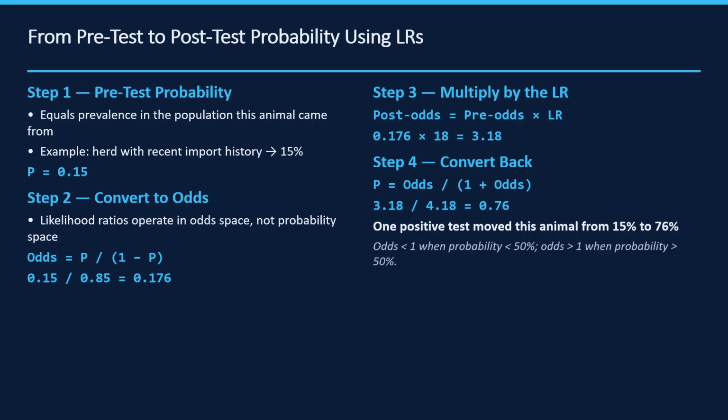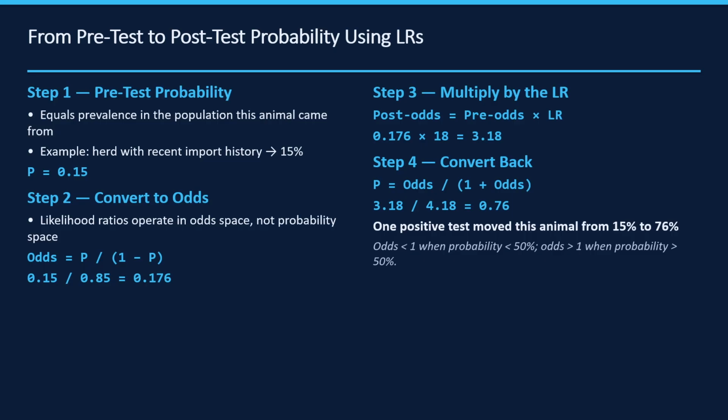Step 3, multiply. 0.18 times a likelihood ratio of 18 gives post-test odds of about 3.2. Then convert back to probability, which equals odds over 1 plus odds, so about 76%. That's your answer.